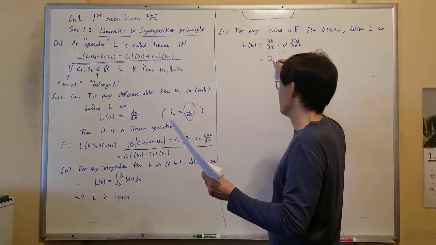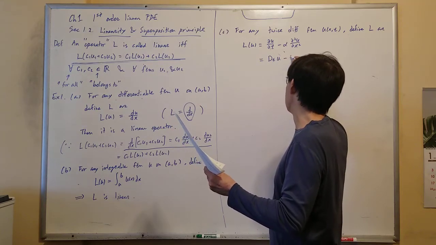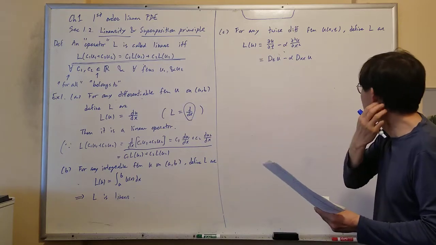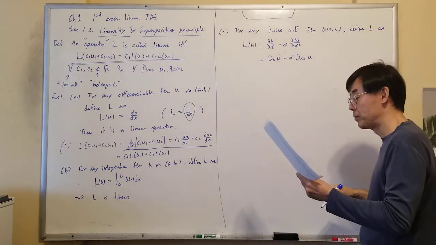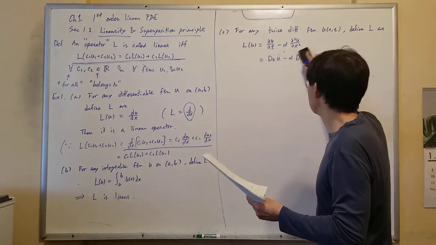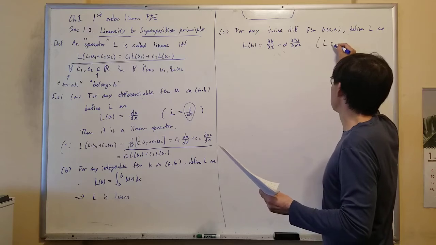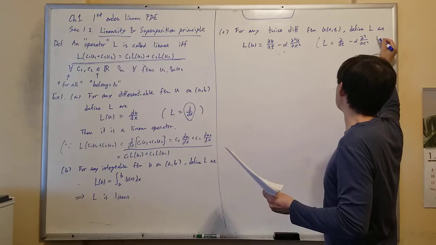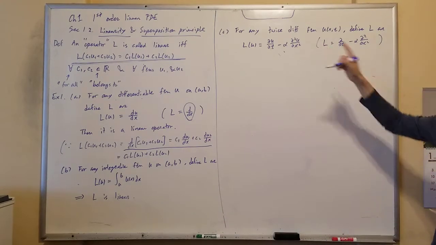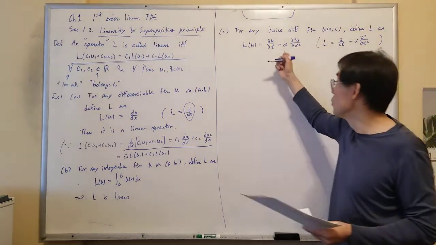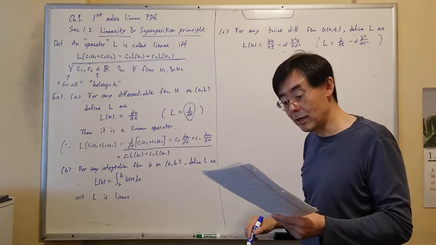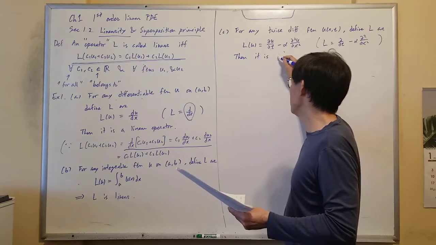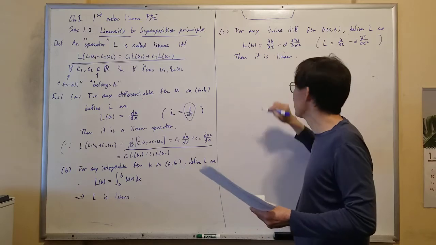Or a lot of times we write it as d sub t u minus alpha d sub xx u, right? Now, that means your L can be written as partial t minus alpha partial squared over partial x squared. This is a differential operator because it involves the derivative of the input function, right? Then it is also a linear operator.